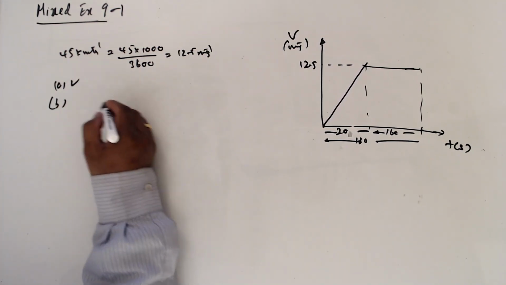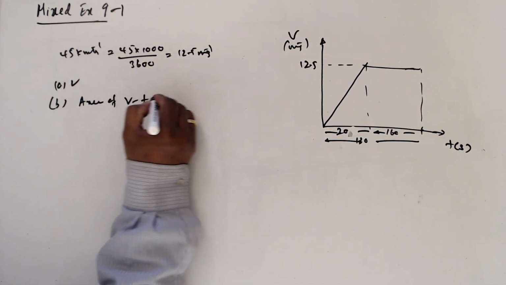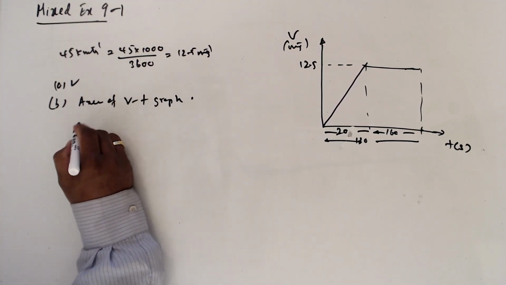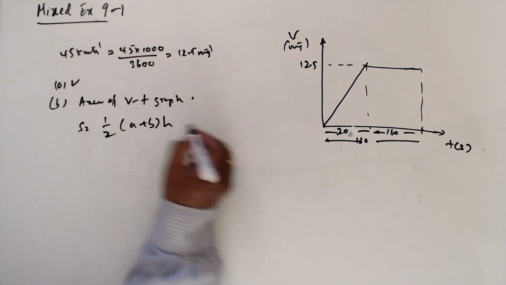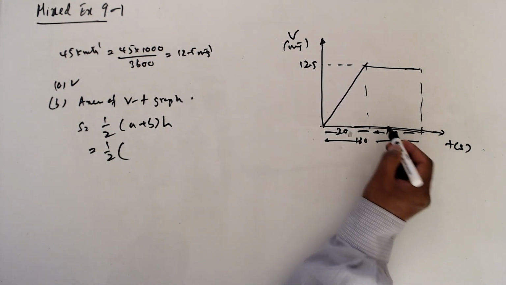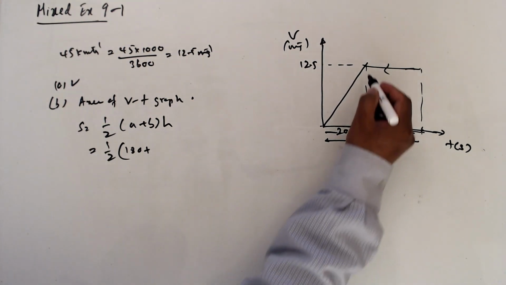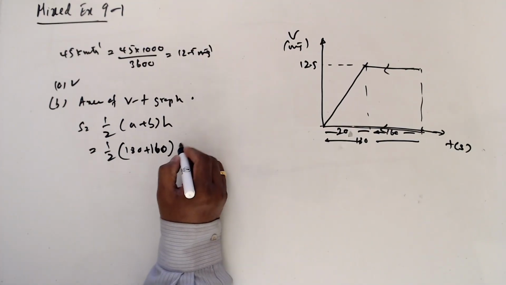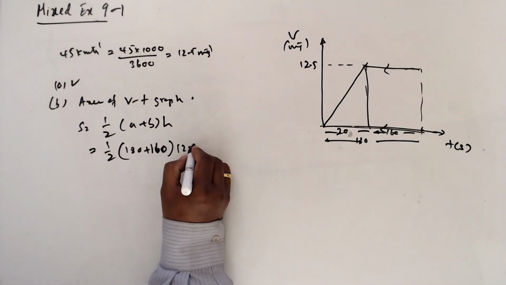So the displacement of the car is the area of the velocity-time graph. That is going to be half times the sum of parallel sides, the area of the trapezium. That is the standard formula. So I will take these distances because these are the parallel lines: 180 plus 160, times h, the perpendicular height, that is 12.5.